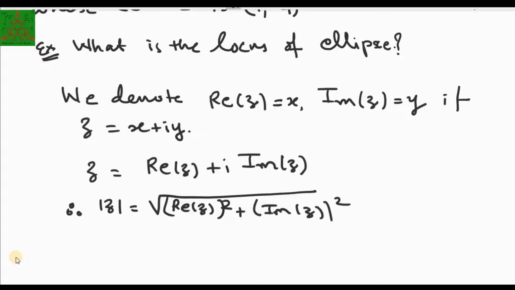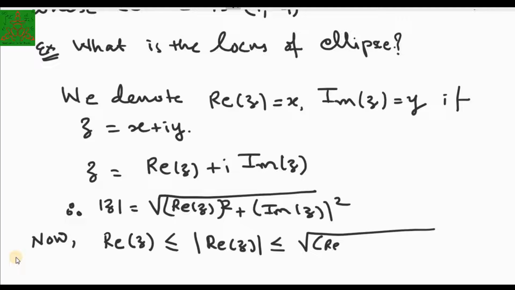So now we can observe here one inequality which is always true. First thing that we can observe is the real part of z is always less than or equal to mod of the real part of z, and this mod of the real part of z is always less than or equal to the square root of the real part of z squared plus the imaginary part of z squared.